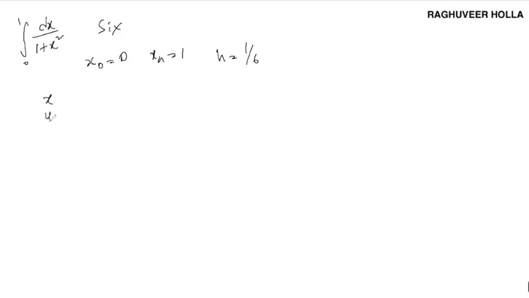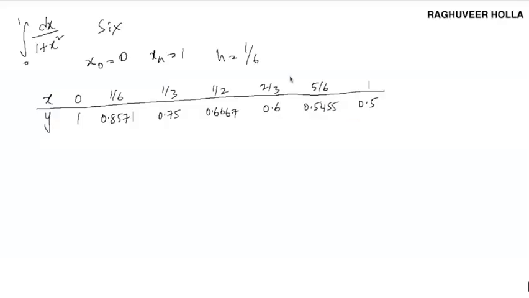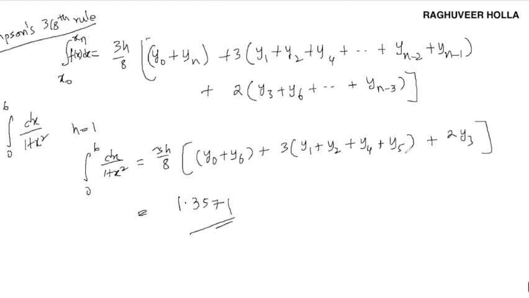So x and y, write down quickly. You can see this by putting x values, and you get y. Since it is 6 equal parts, I'll be using the same formula here.